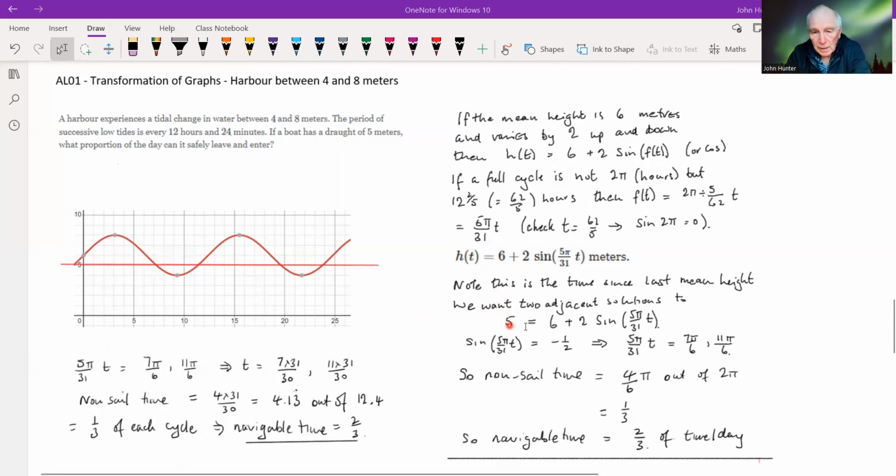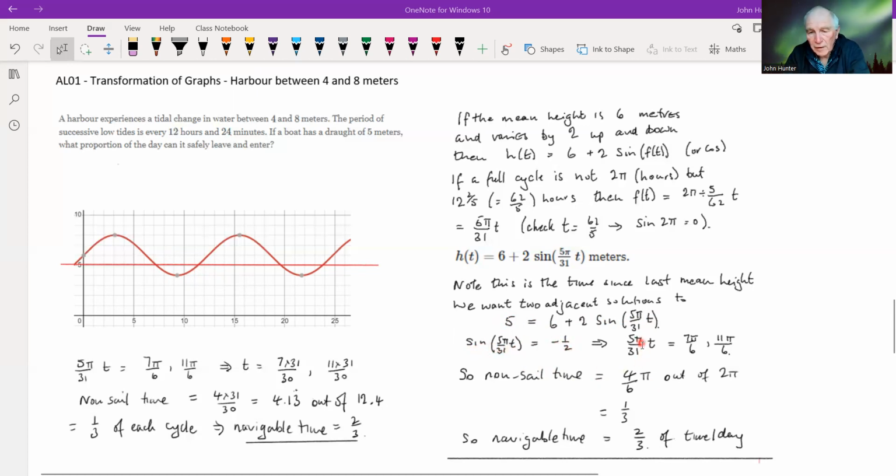So in order to do that, what we're going to do is solve this equation. That's going to find these points here. So that's height of 5 equals this. All right, let's work this through. If we subtract 6 and divide by 2 from each side, we get this equation.